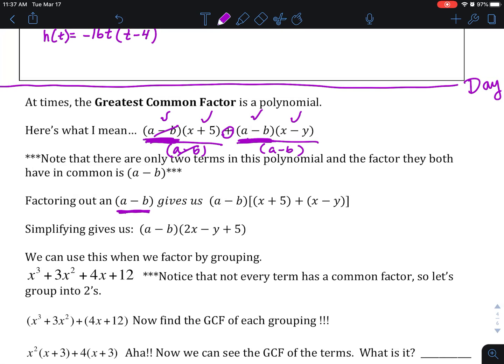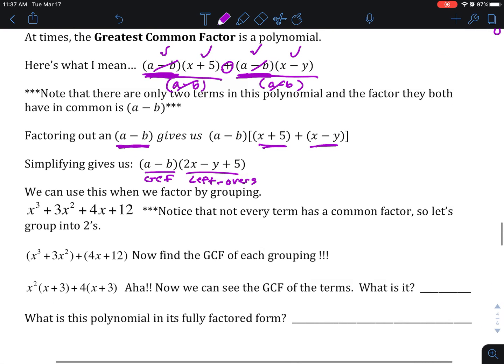What's left over from the first term is x plus 5, and what's left over from the second term is x minus y. So when all is said and done, we have our GCF of a minus b, and we can combine our leftovers together to form another polynomial, 2x minus y plus 5.